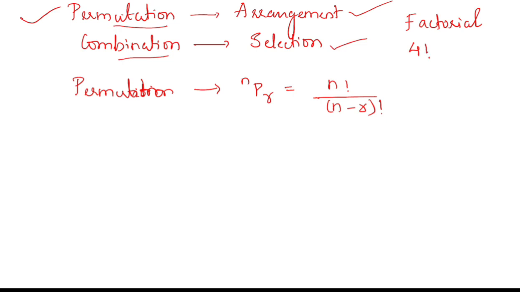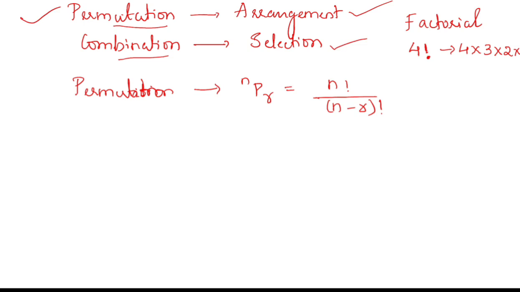This symbol indicates factorial. 4 factorial is 4 into 3 into 2 into 1.